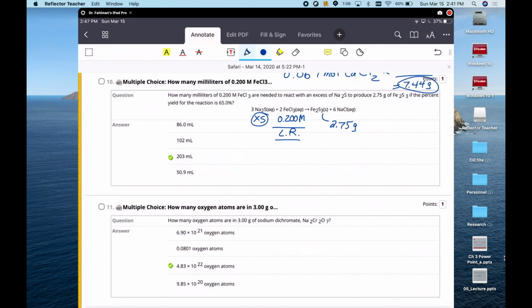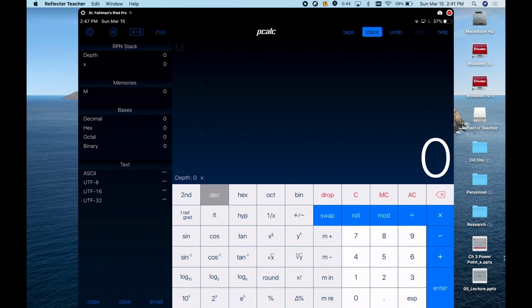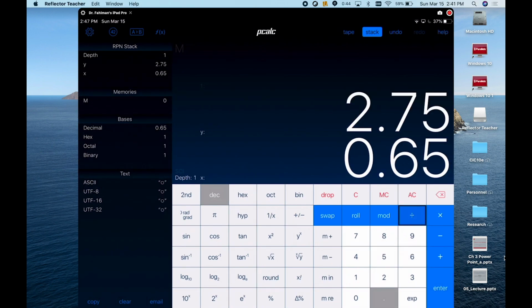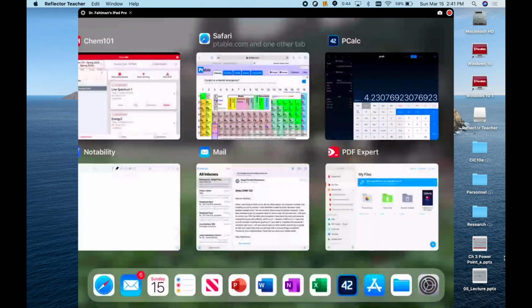So the theoretical yield is really 2.75 grams divided by 0.65, so 4.23.